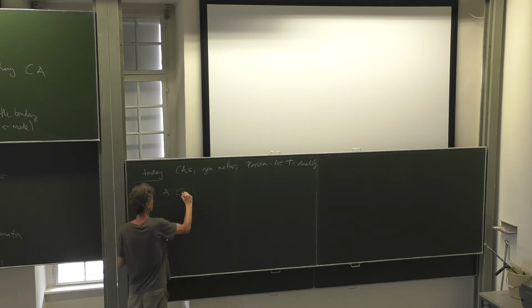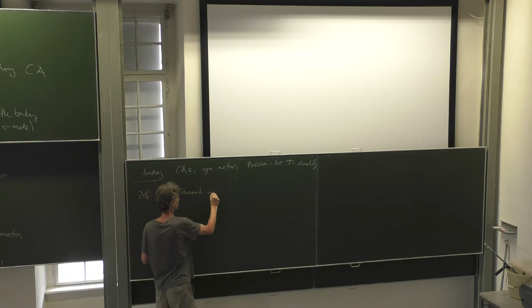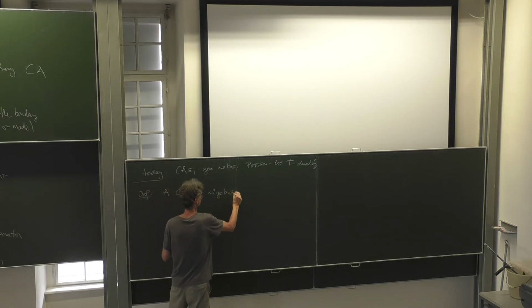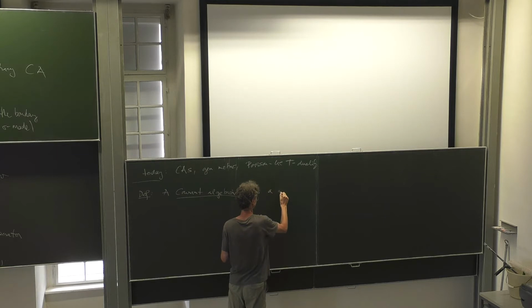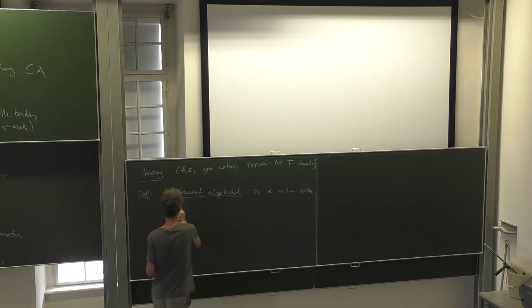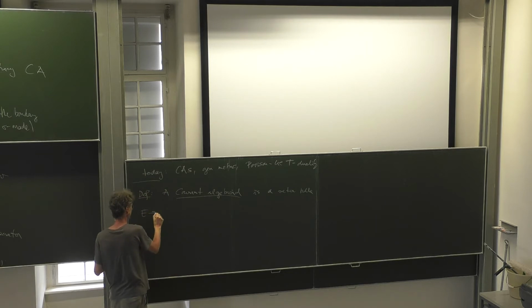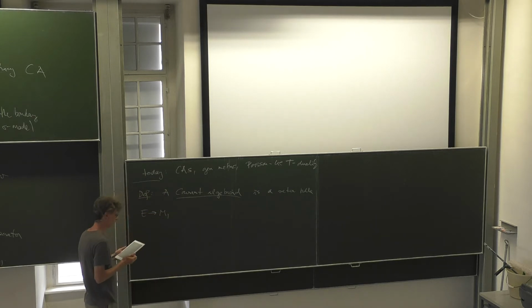So a Courant algebroid, what is it? It's a vector bundle E over M with some structure.